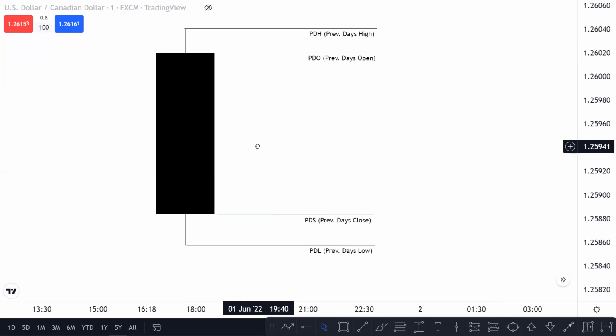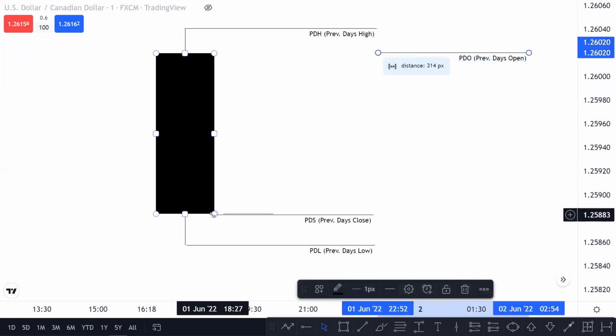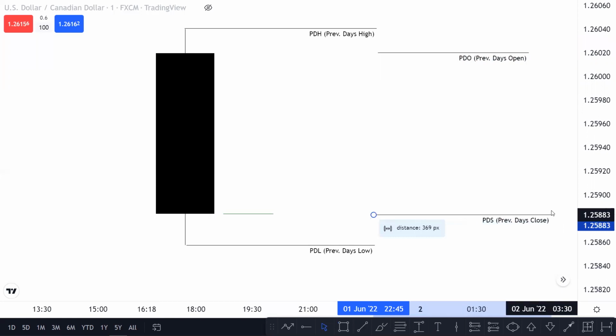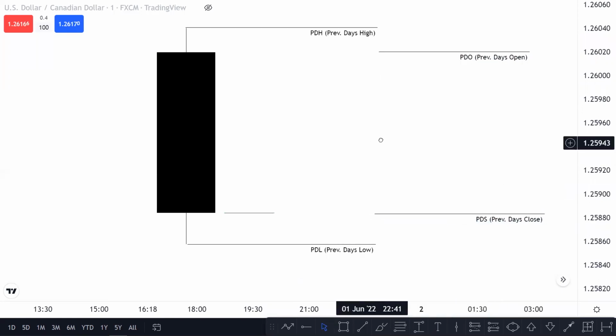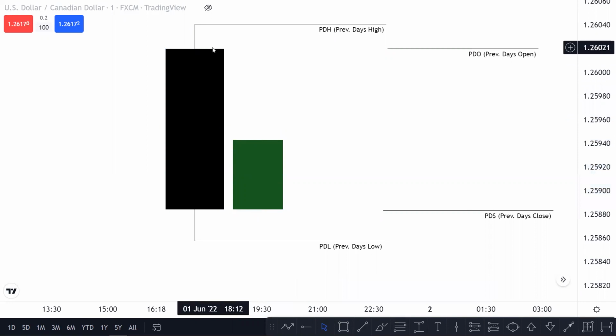I am looking at price being stuck between the previous day's high and low. The previous day's high and low. Price starts from there and rallies.